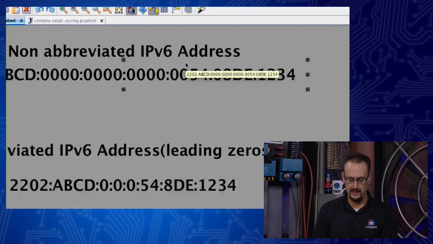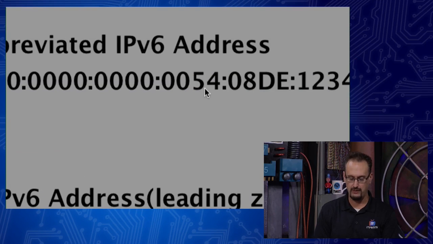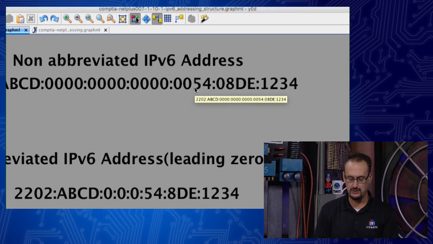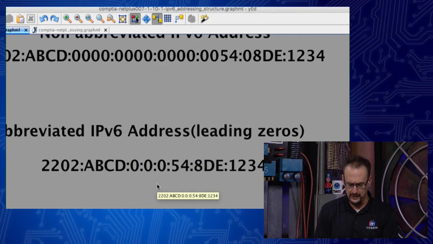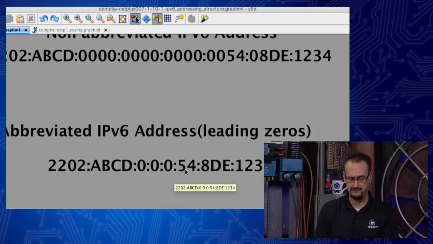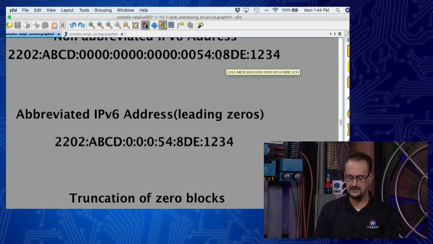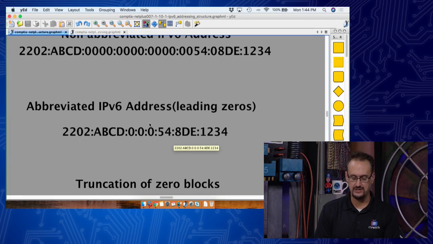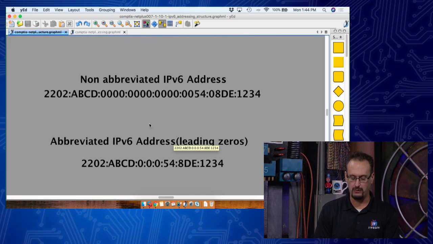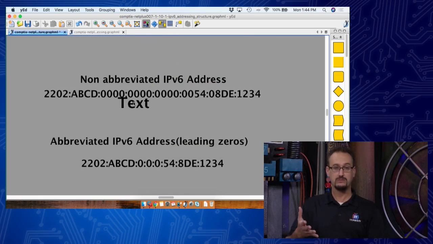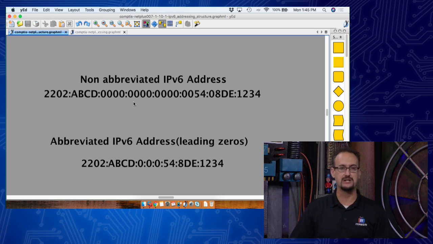Remember what we said, I've got a 0054 here, right? Well, I can remove those leading zeros in the address too, and replace that with just a 54. Notice that we also have our 08DE. Well, I can remove that leading zero likewise too. So you can see that the address becomes a little bit more manageable as we start to remove things like the leading zeros.